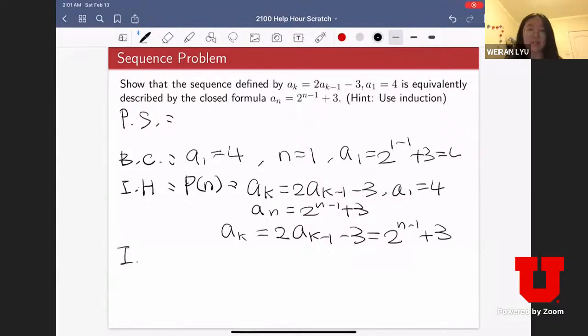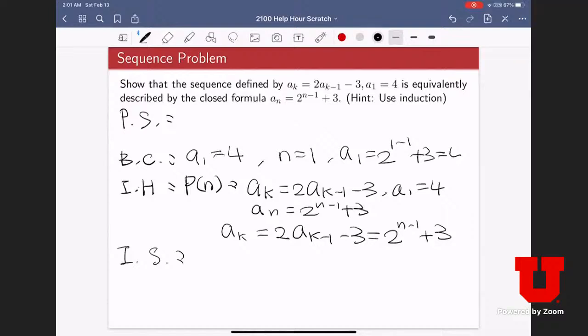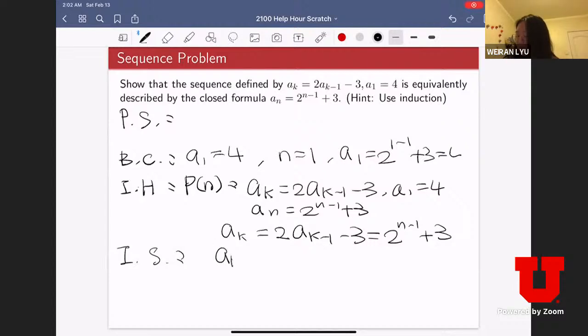And how are we going to start our inductive step? Then we have to state that we're going to show that a sub n plus 1 is equal to the n plus 1th term of the recursive formula. So we can start with a sub k plus 1.